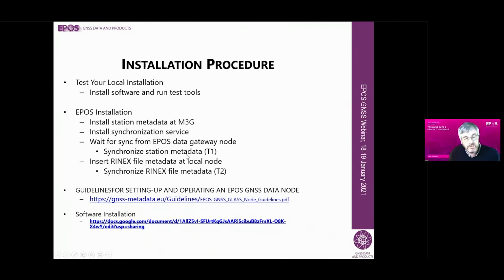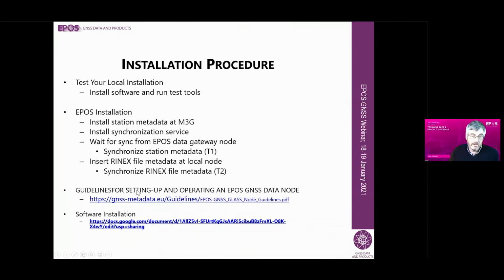After that, you will eventually receive your station metadata, which you can visualize or query using the API. After which you can start to insert your RINEX file metadata at the local node, and run the data quality tools as well.